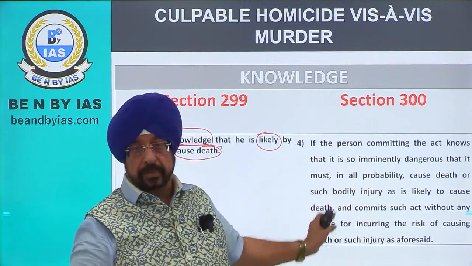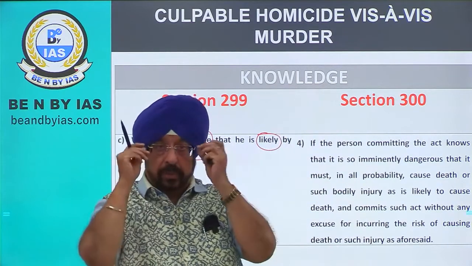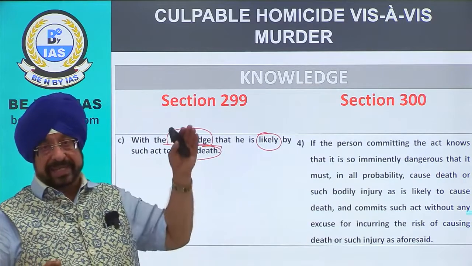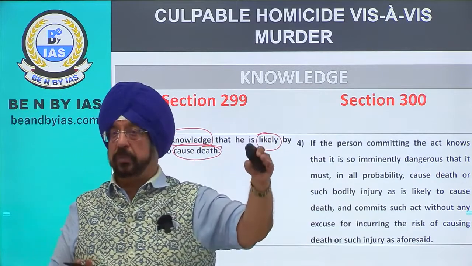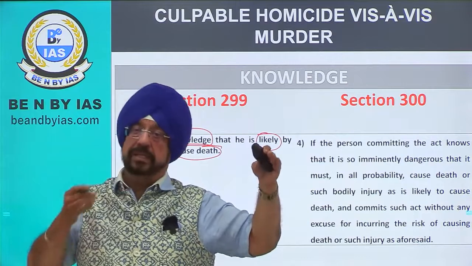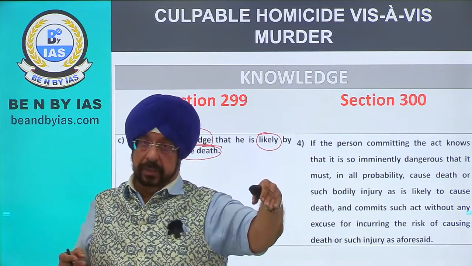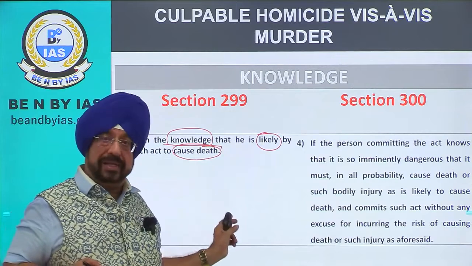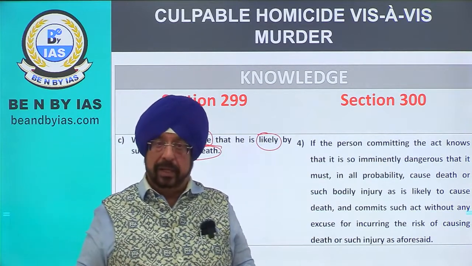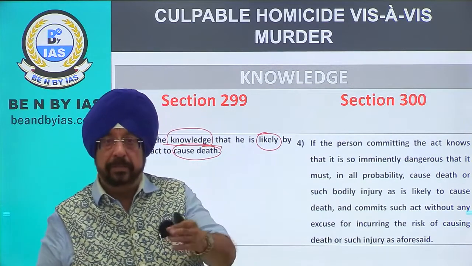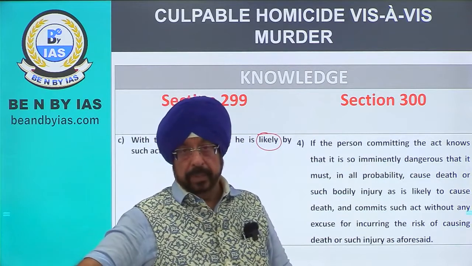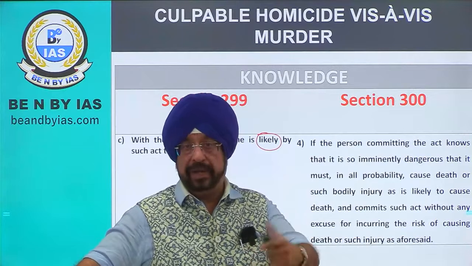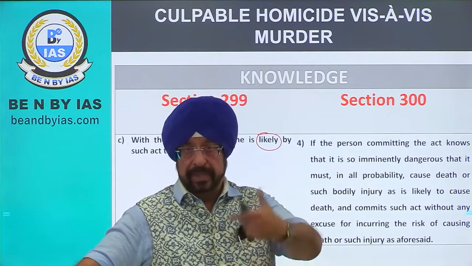You can see the difference between the two. Third, the first one is absolutely clear. Second is intention to cause such bodily injury which is likely to cause death, but with intention, a desire. Here there is a knowledge that the act he is doing is likely, may result in death. In his consciousness, he is clear about that. His act may cause death. Likely will come above even 'may'.